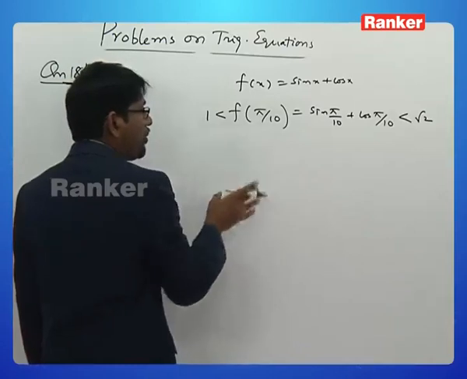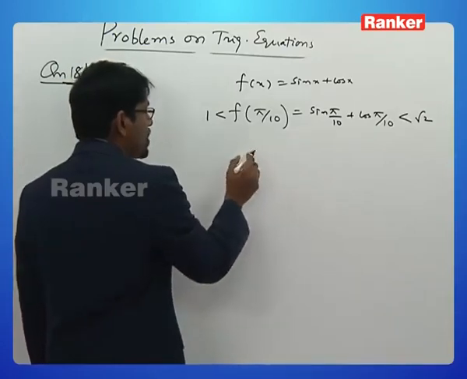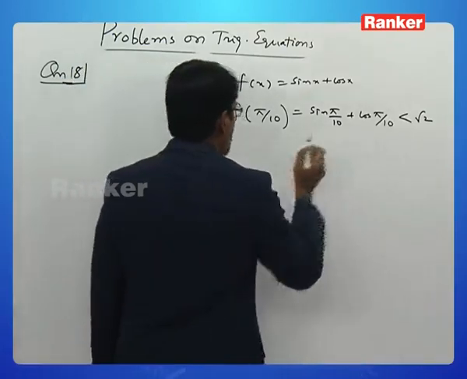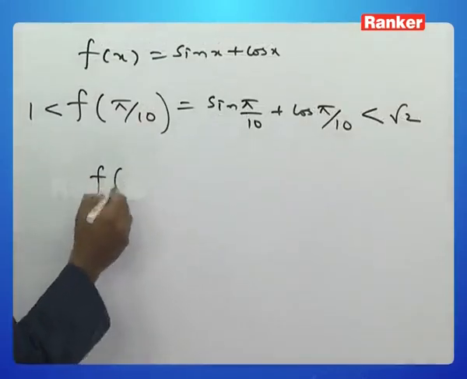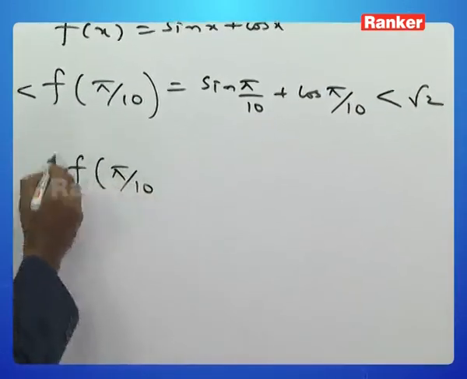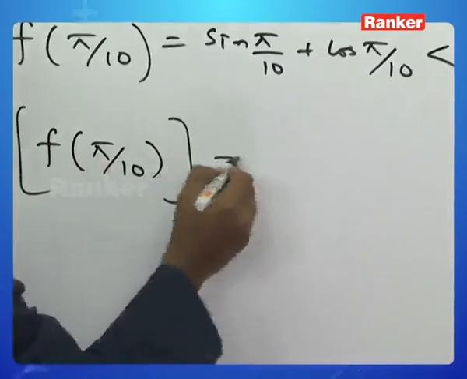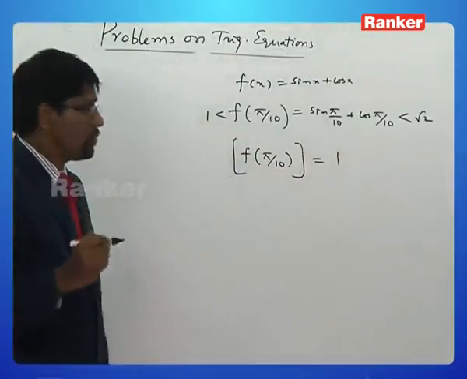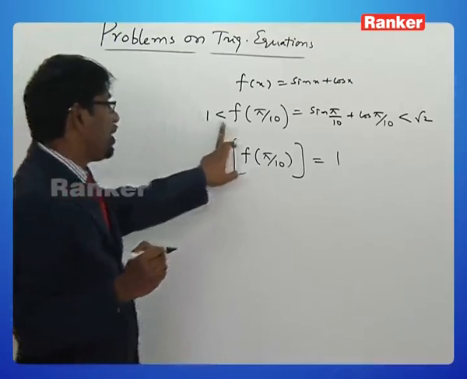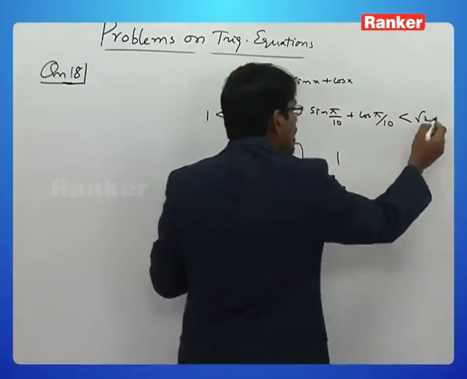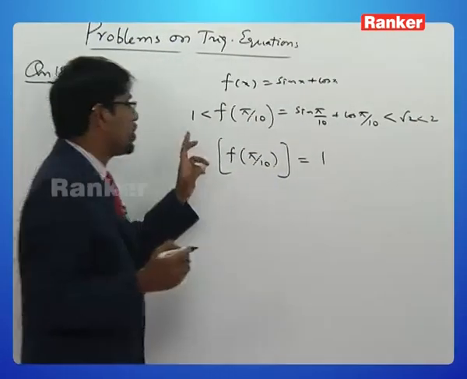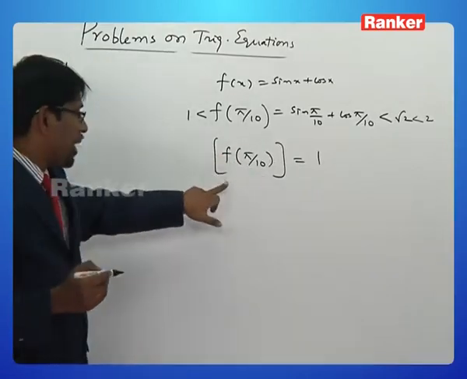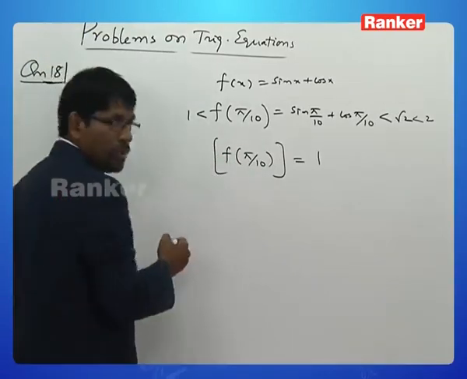This can be verified. So this will be a value between 1 and root 2. So f of pi by 10, the bracket value will be 1, because it is a number between 1 and root 2, and root 2 is again less than 2. So if you give a number between 1 and 2, the bracket value has to be 1.